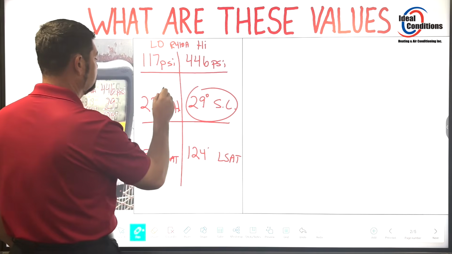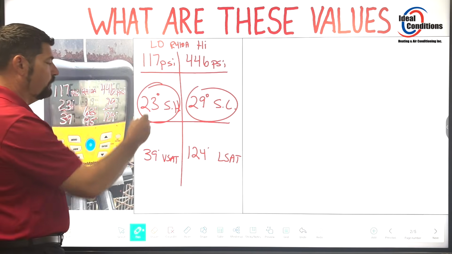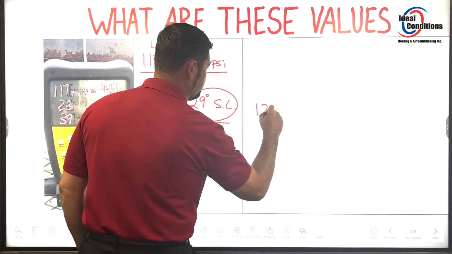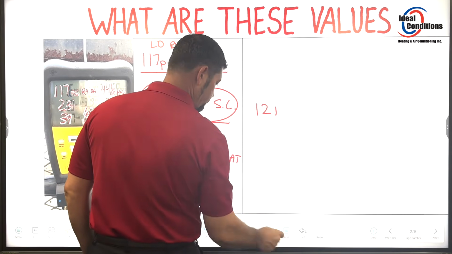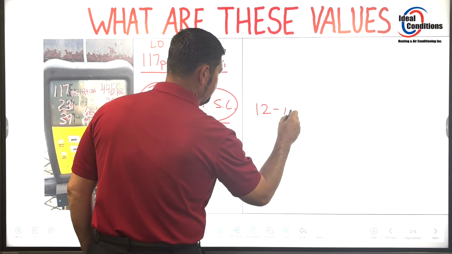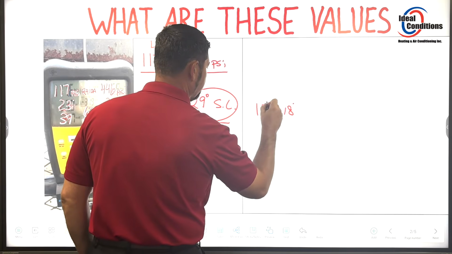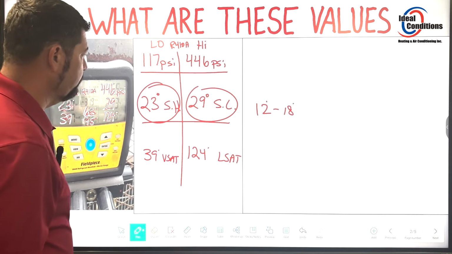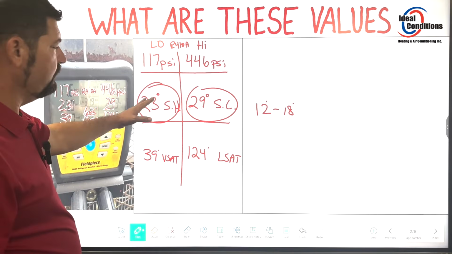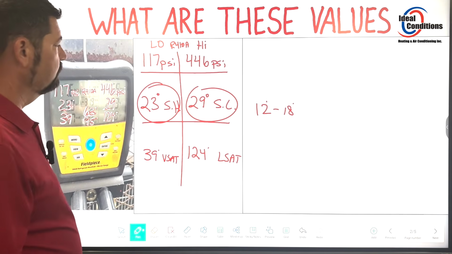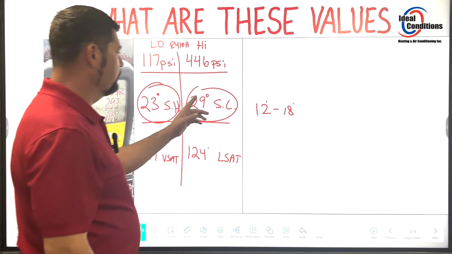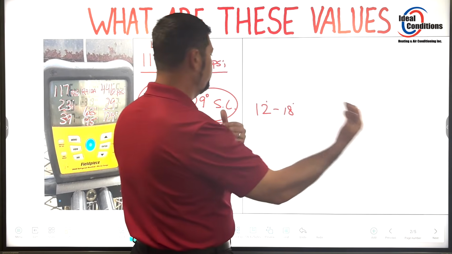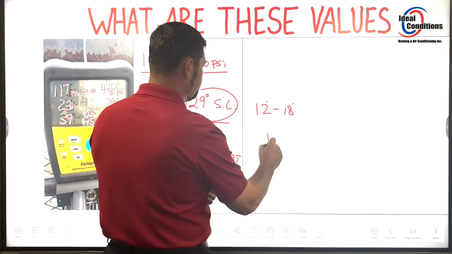This is interesting. Where are my problems? Here and here. Well, this is supposed to be between the ranges of 12 to 18. That was our best we should be looking for, but I'm 23. But 23 is still under 30, right? But over here, I don't want to be more than 15.